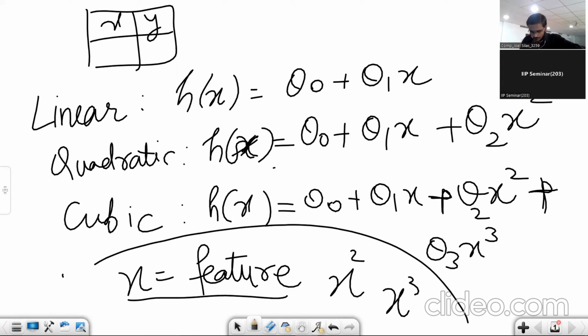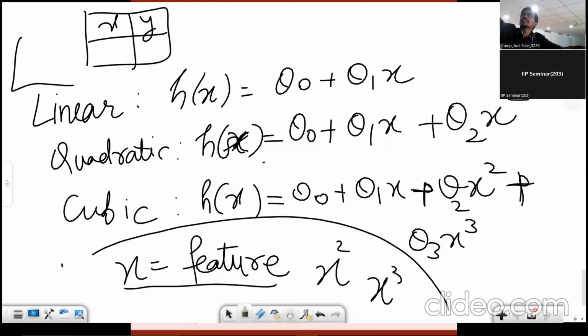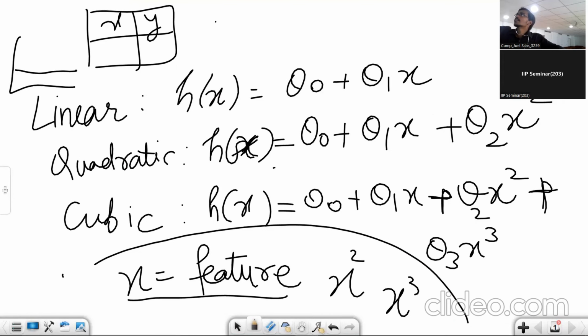Now, if we go for such functions or equations, for linear functions, the graph will be a straight line, either constant, or a graph with positive slope or a graph with negative slope. This is for linear.